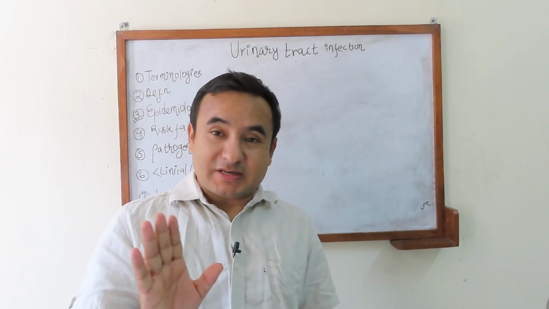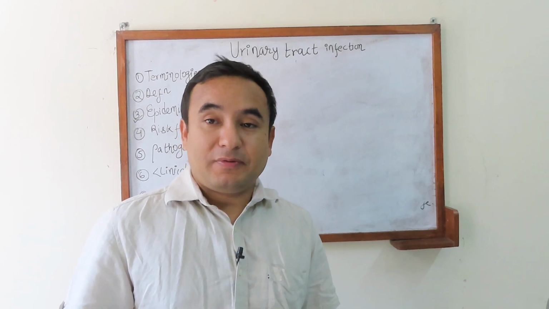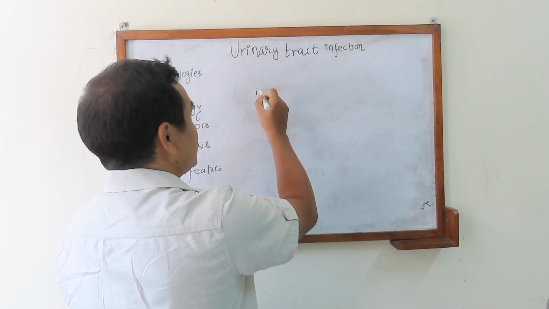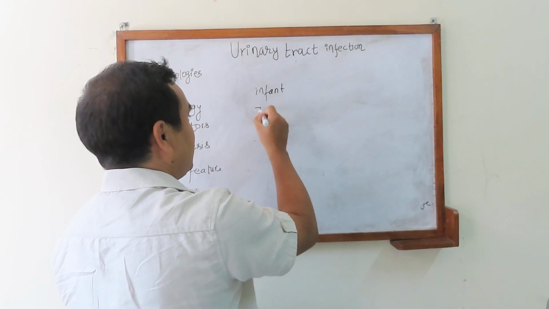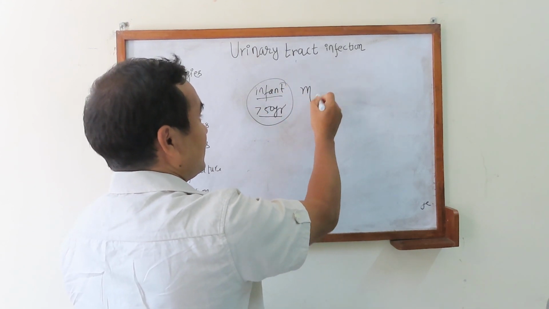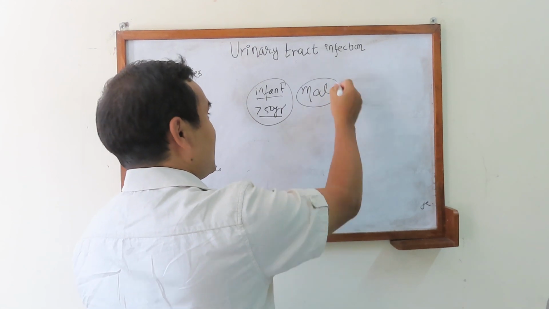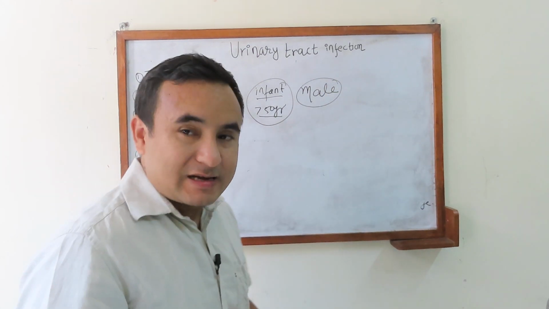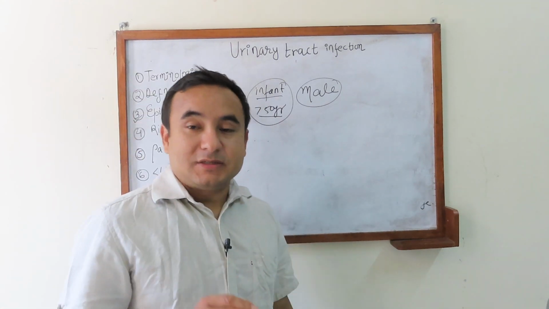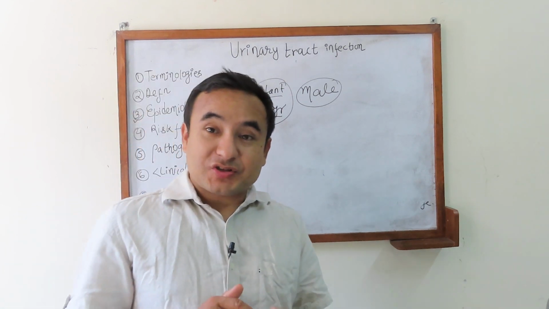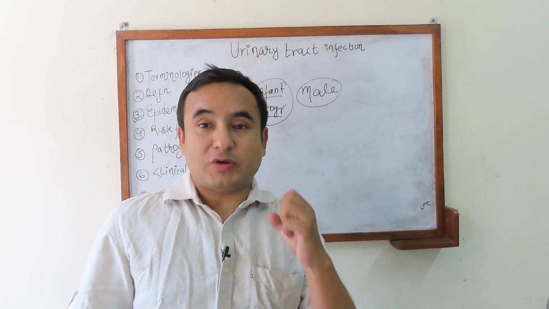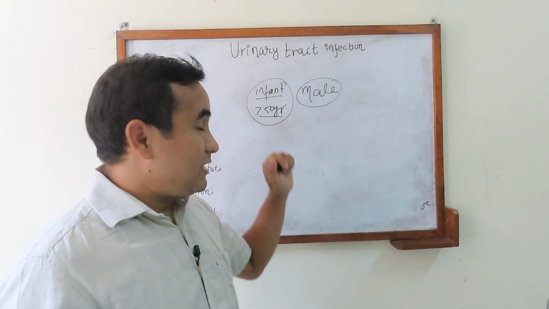Most of the time we get female patients, but in infants and after 50 years, even in this age group, UTI can occur in males, and it also shows a slight male predominance in this age group, because structural abnormalities like vesicoureteric reflux, which predispose to UTI, occur more commonly in males.